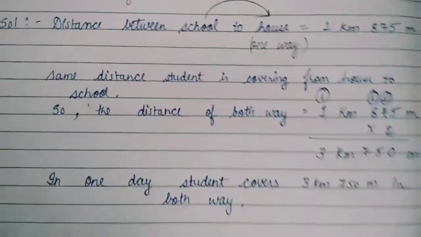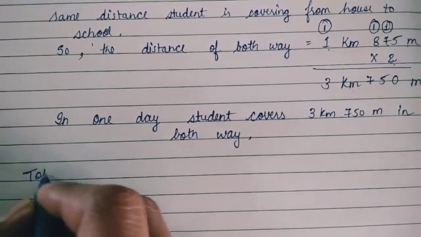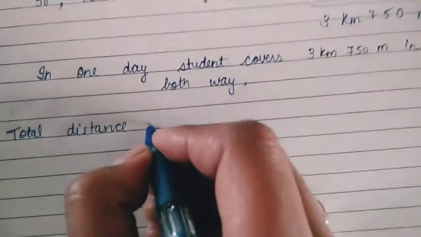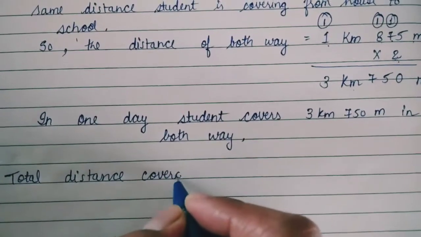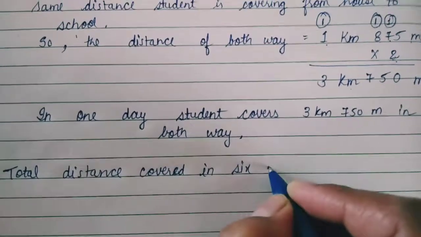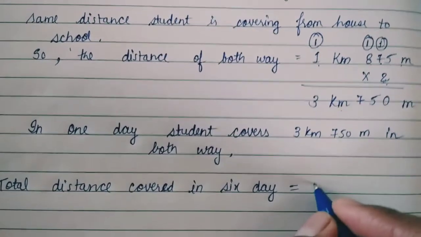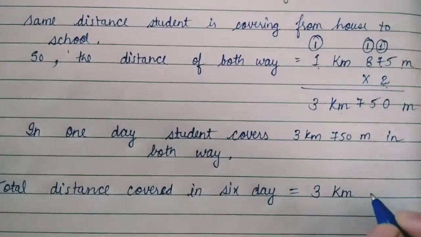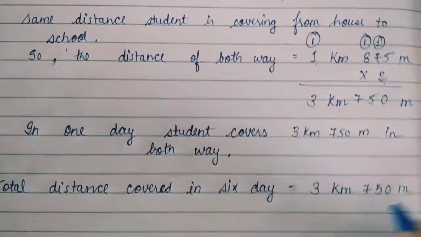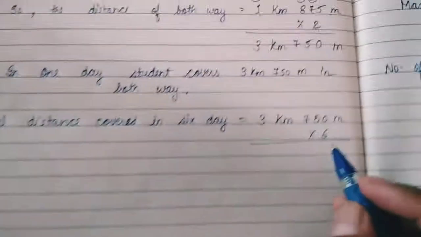At last, we have to identify the total distance covered in 6 days. Same as previous, this time we will multiply 3 kilometer 750 meter by 6. Simply we will read the table of 6.